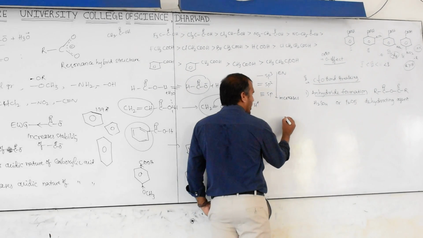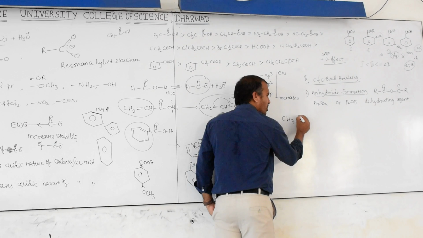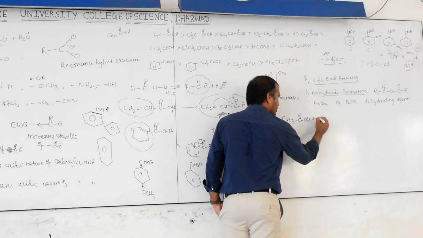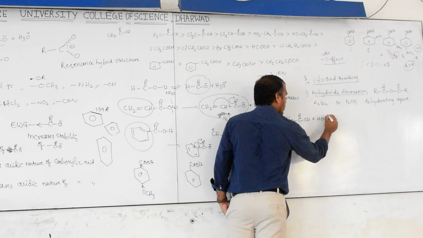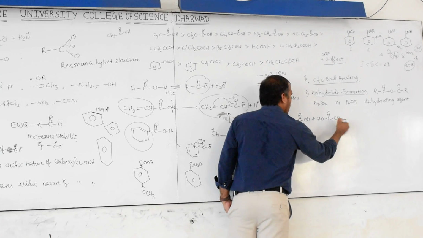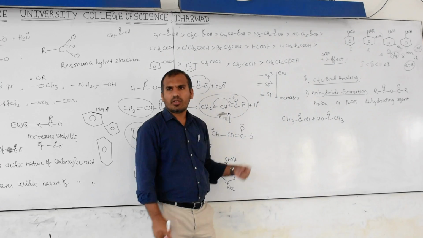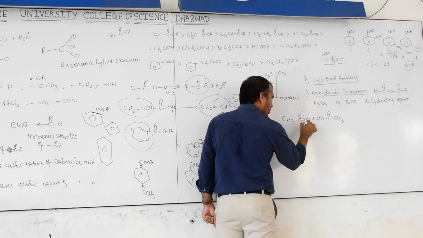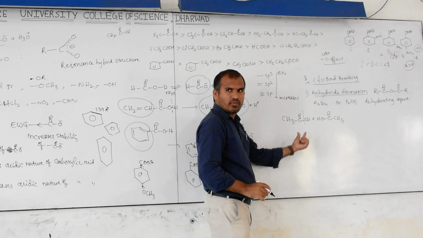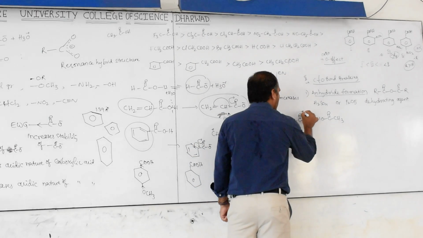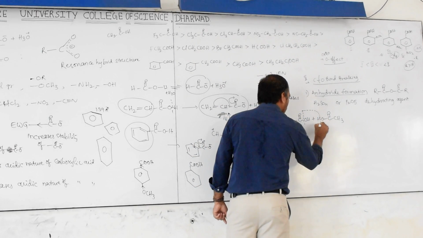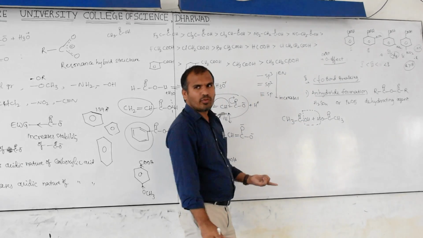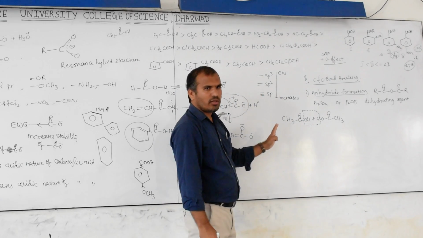One example I am writing here: CH3-C double bond O-OH. How many moles of acetic acid are there? 2 moles. See, here which bond is breaking? CO bond breaking. But here, only the OH bond is breaking. Any one of the molecules loses OH at the CO bond.